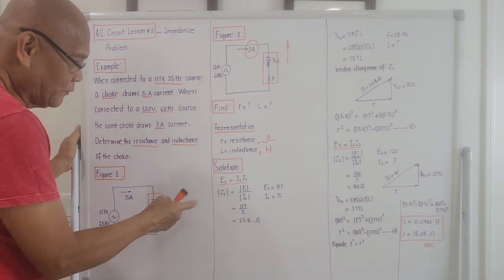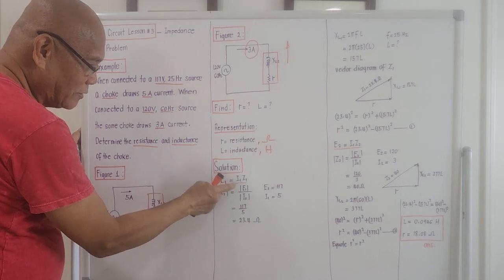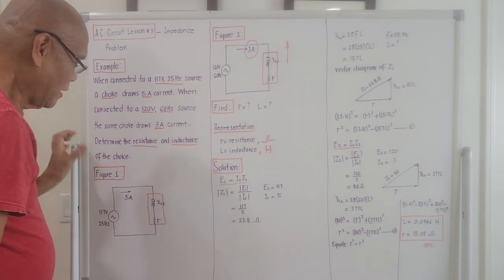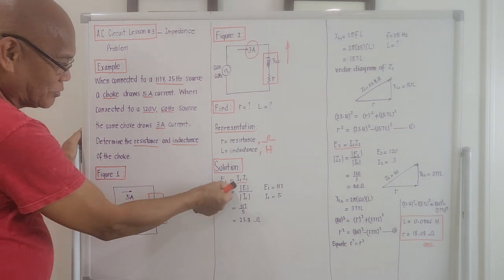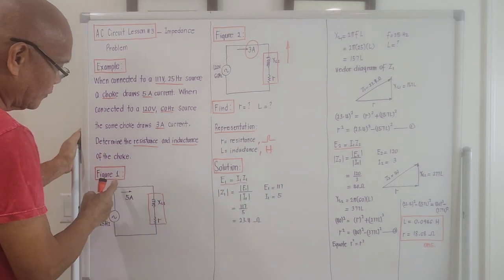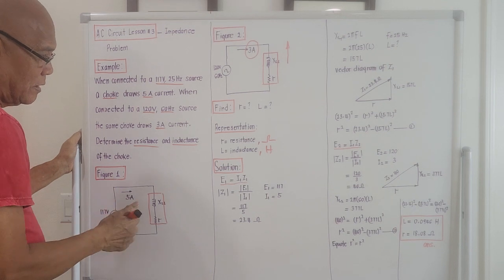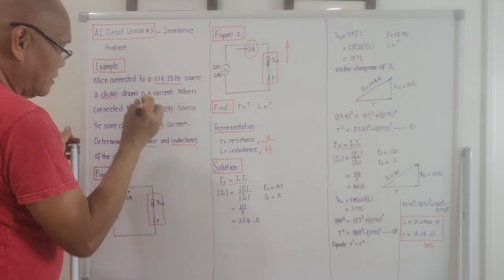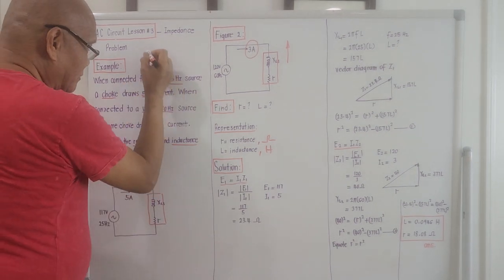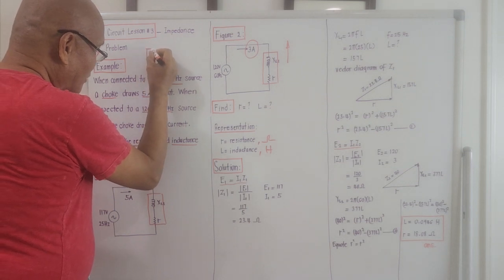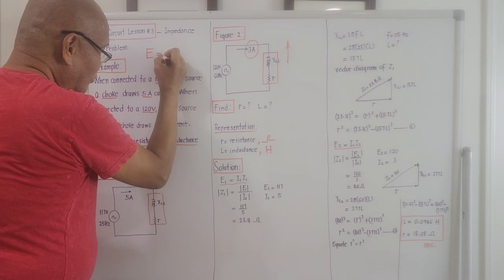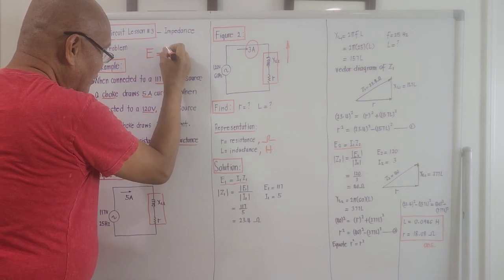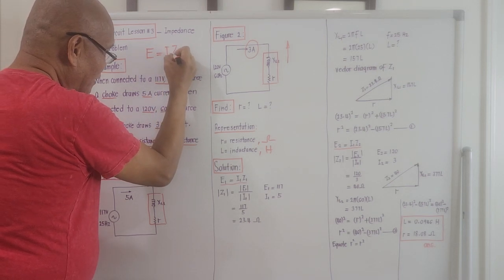In general, E1 is the product of I1 times Z1, where subscript 1 refers to figure number 1. For an AC circuit, the applied voltage, or total voltage, equals the total current drawn by the circuit multiplied by its impedance.